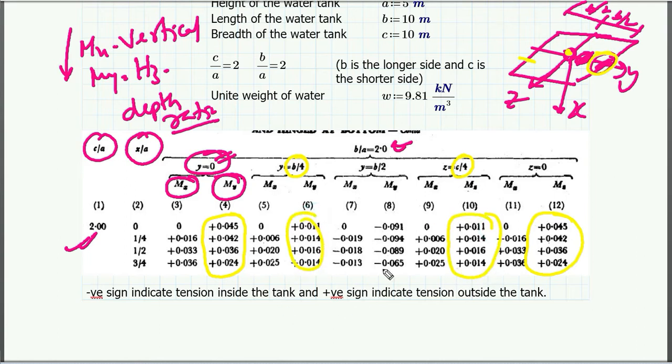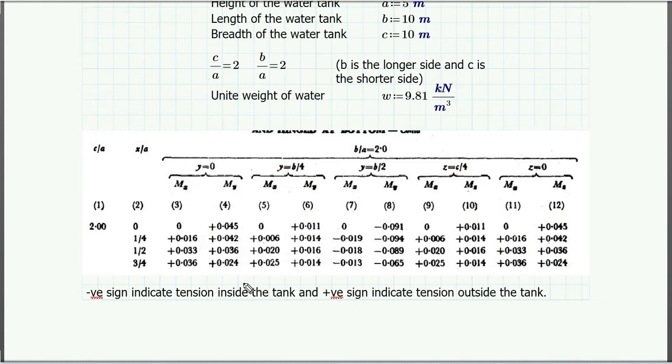And if you see, there are some plus signs and minus signs. The negative sign indicates the tension inside the tank. That means if you have a water tank and due to water, the walls of the water tank will deflect, something like this.